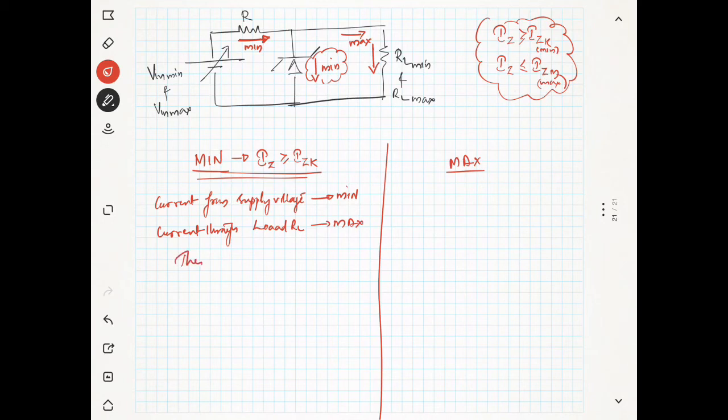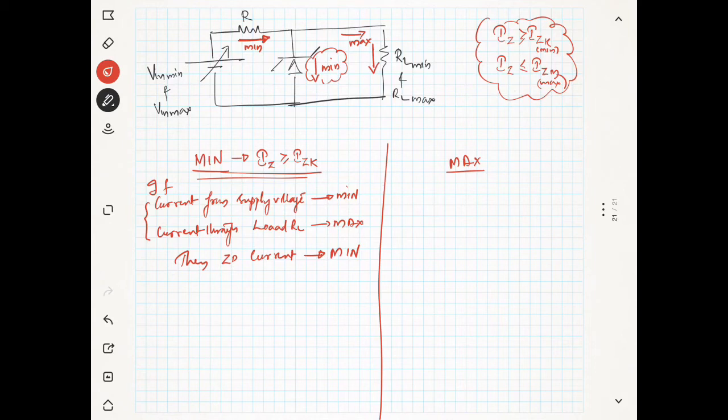If these conditions are met, then the Zener diode current will be minimum. So you should understand this idea. This is very, very important.